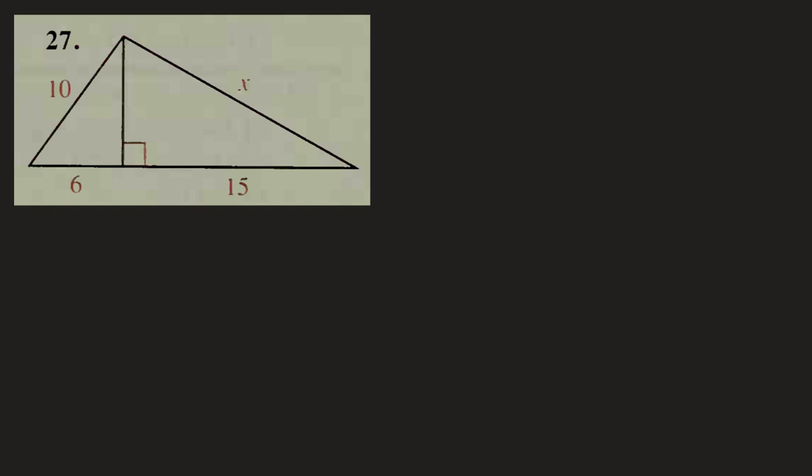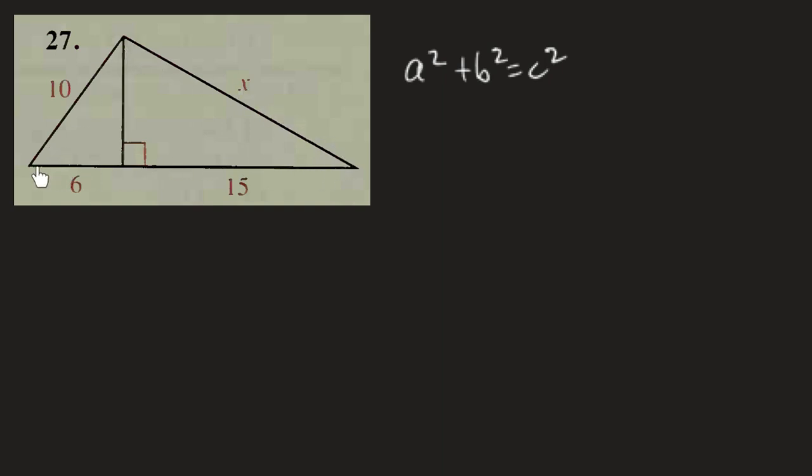So let's go with a squared plus b squared equals c squared. We're going to end up using the Pythagorean theorem twice on this problem. The plan is, in order to find this side, I have to use this right triangle first to find this length, and then I'm going to use this right triangle here to find that length, because we can't just jump right in.